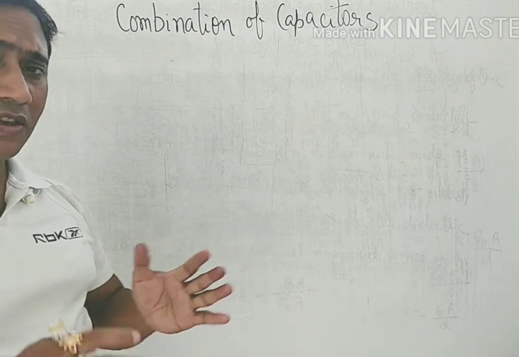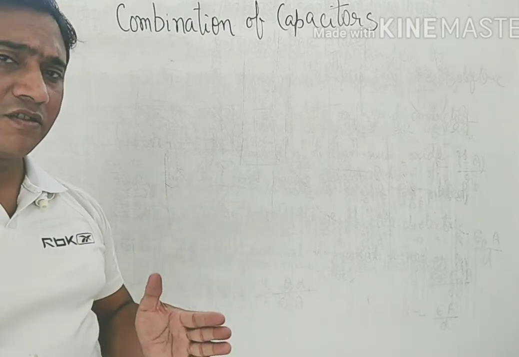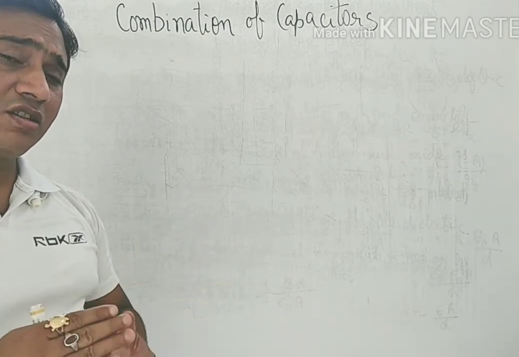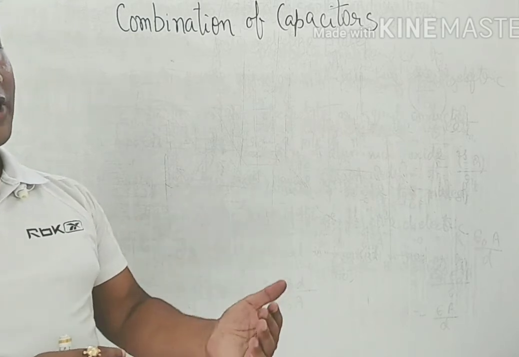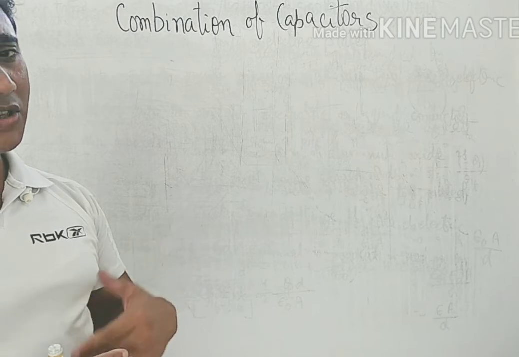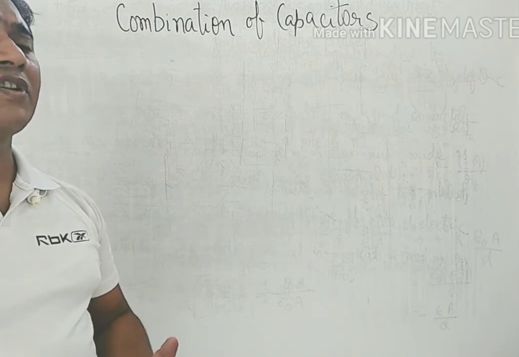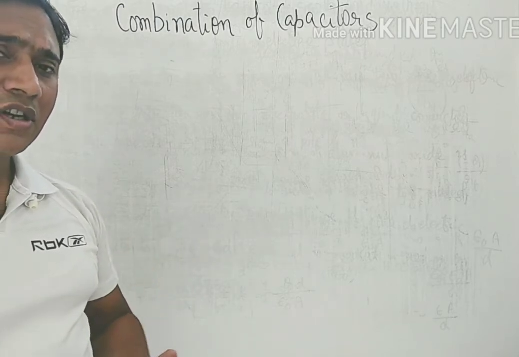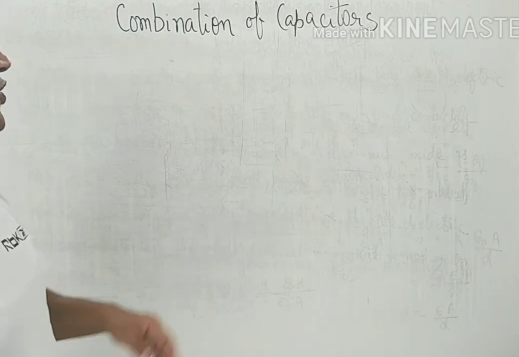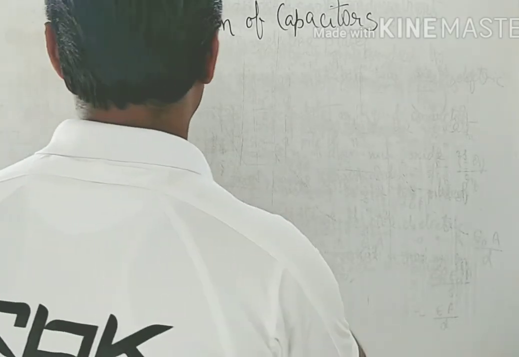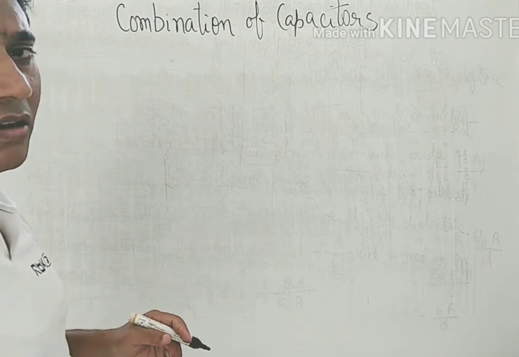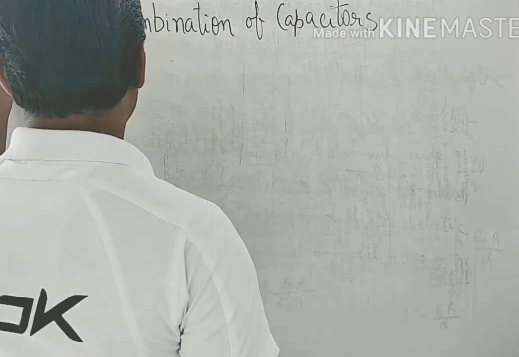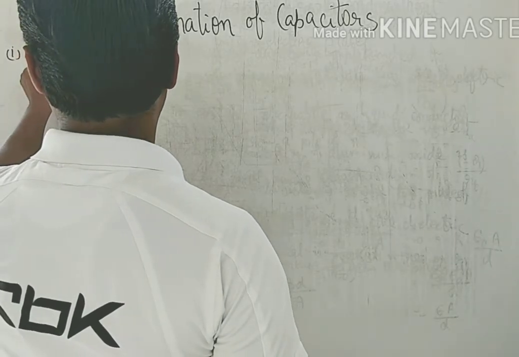So using the available valued capacitors, we can obtain an equivalent capacitor of more value or of less value than the available values. So let's proceed. Capacitors can be combined either in series or in parallel. So let's first have series combination.